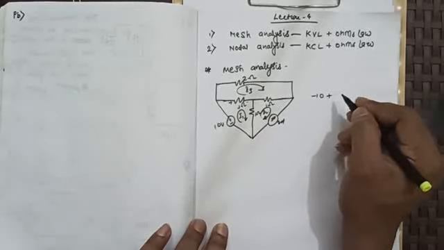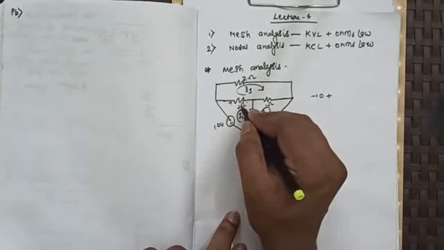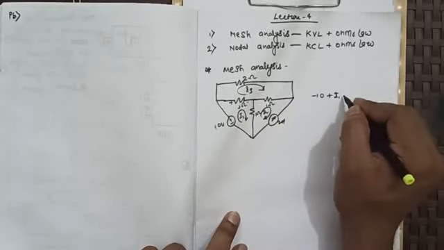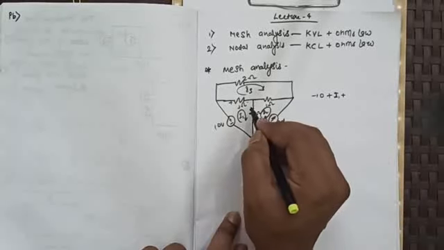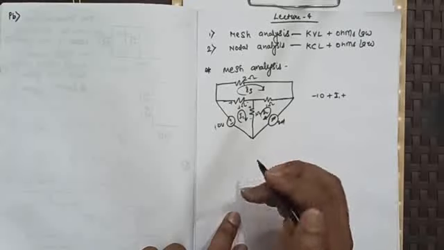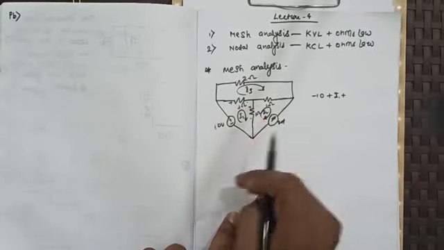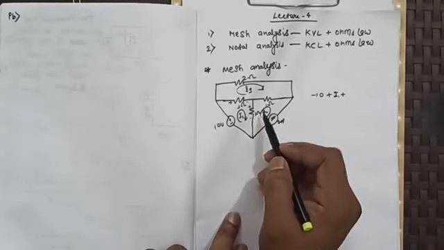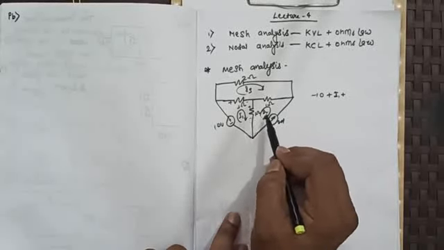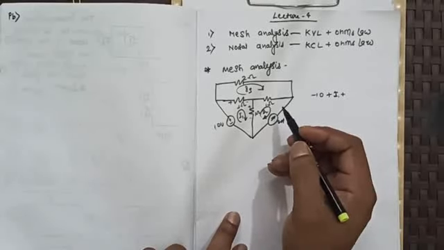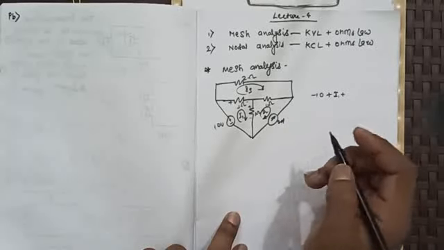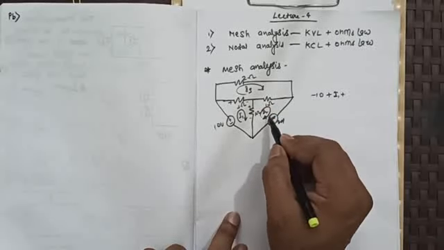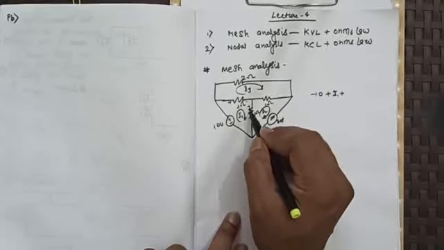Then I1 encounters the positive terminal, so the voltage drop across 1 ohm is I1 multiplied by 1, plus, I1 is a downward current and I2 is an upward current through this resistor.